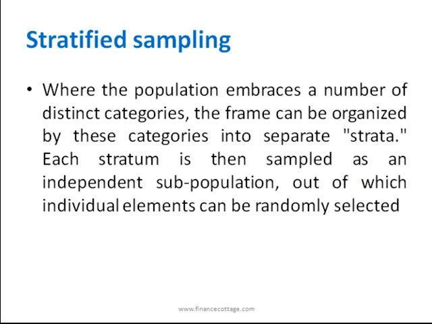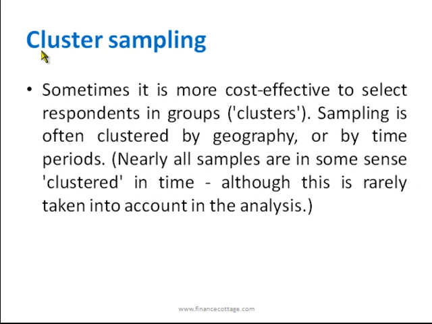In contrast to stratified sampling, there is cluster sampling. Sometimes it is more cost effective to select respondents in groups or clusters. If there are clusters in the population, we know that every cluster is similar to any other cluster, so we can select clusters on a random basis.